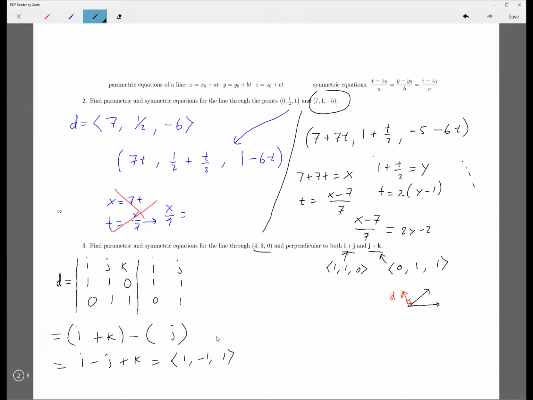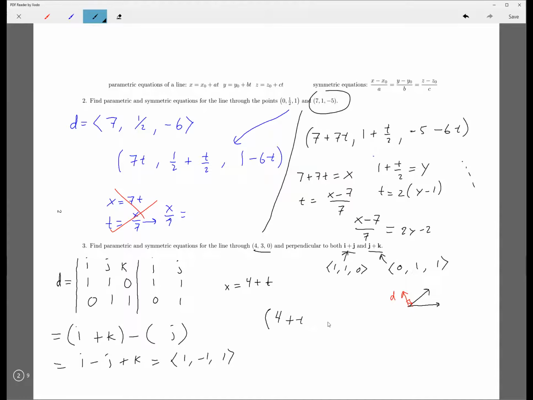Okay, so that's your direction, and this is your point. So what that means is x of t is what? It's going to be the x value for the point plus the direction times t.